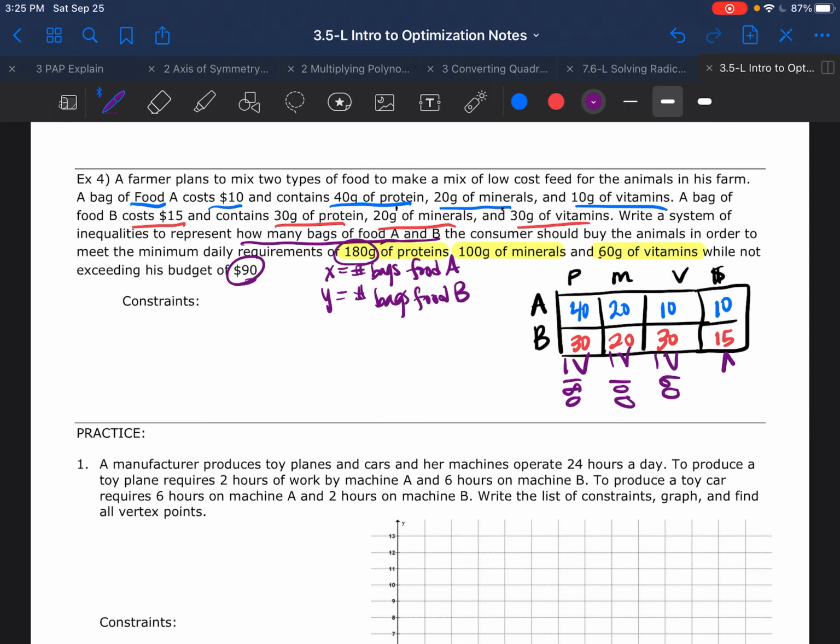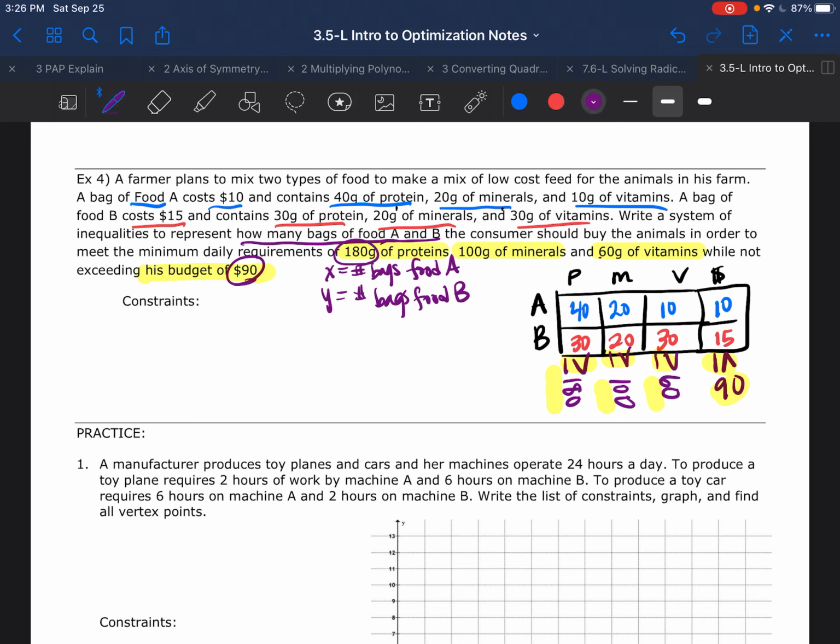And so this is where we're going to have our less than or equal to 90. We can't exceed the budget. And so these are minimums, and that's why we have greater than. And this is a maximum. The budget's the maximum. So that's why we have less than or equal to. So that gives us 4 inequalities.